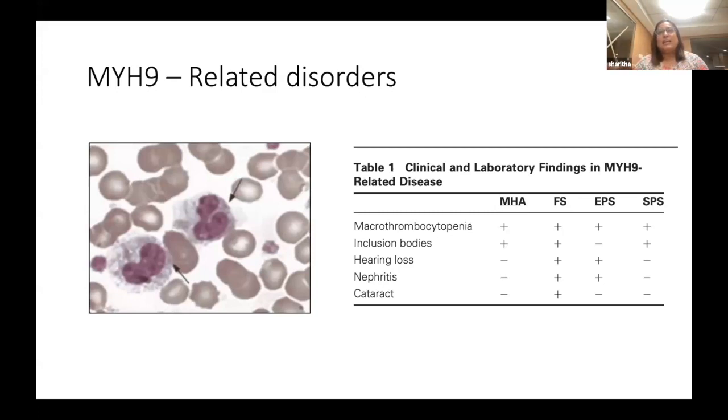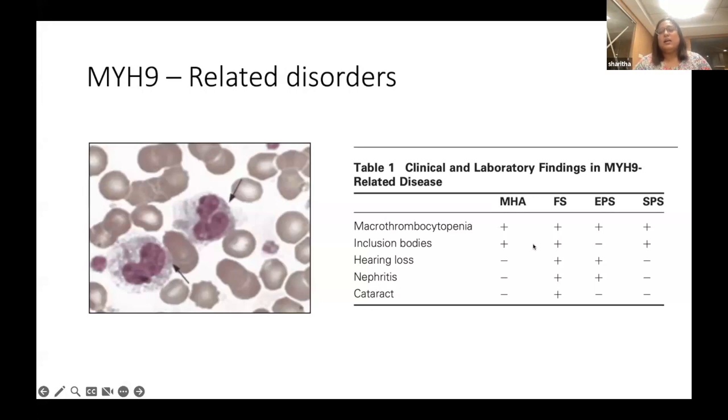But later on, Hegglin in 1945 described neutrophil inclusion bodies within the same families who had earlier been detected with macrothrombocytopenia. So May-Hegglin anomaly came into existence, which had both macrothrombocytopenia as well as cytoplasmic inclusion bodies in the neutrophils. As we can see in this picture, there are macroplatelets as well as cytoplasmic inclusion bodies in the neutrophils.